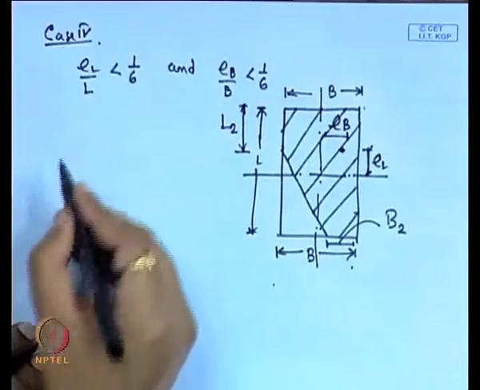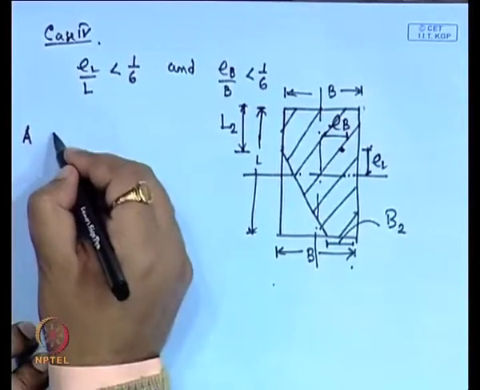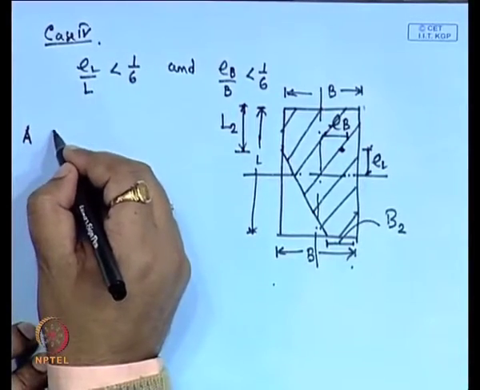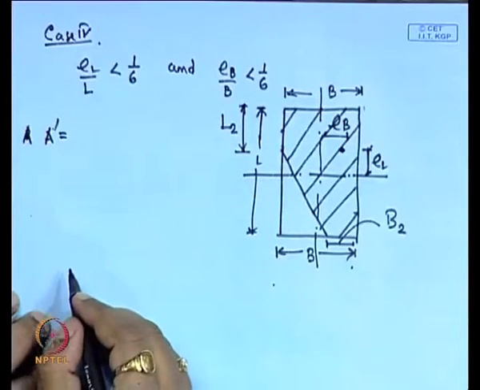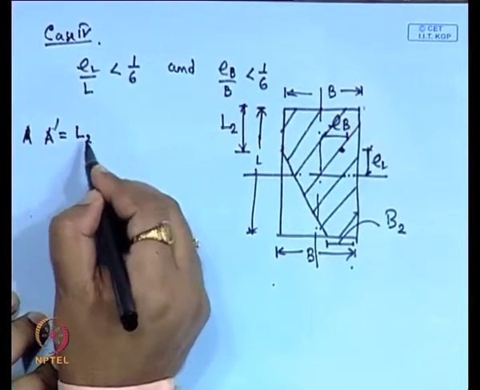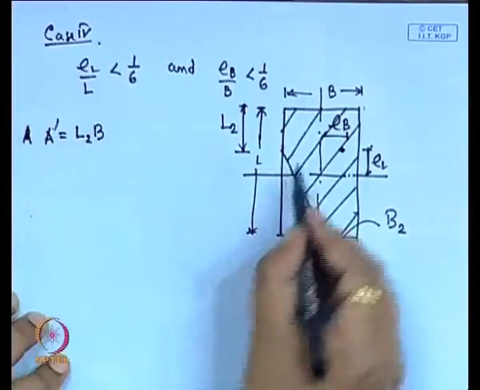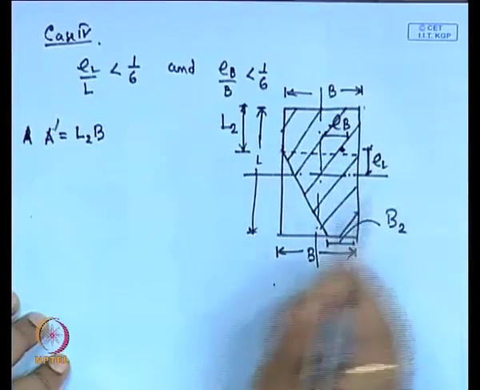So, in this case the effective area A dash will be equal to L 2 into B, if I divide this L 2 into different portions.